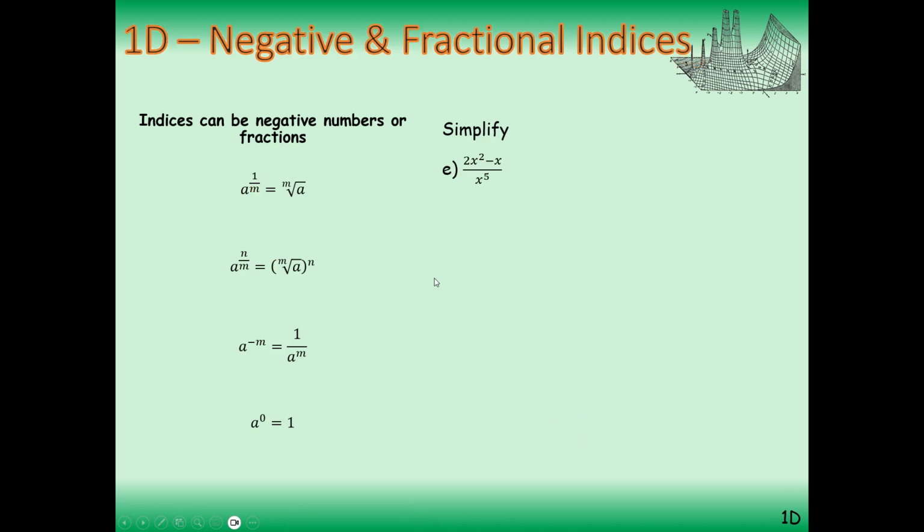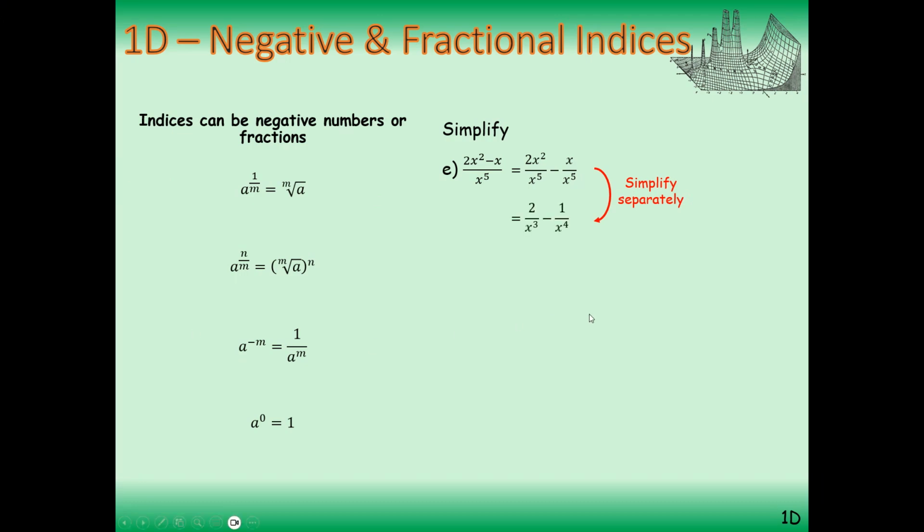Alright, so have a go at this last question and then compare your answer with me. You can split it up into two fractions and simplify each fraction separately. You end up with this expression here once you simplify the fraction.